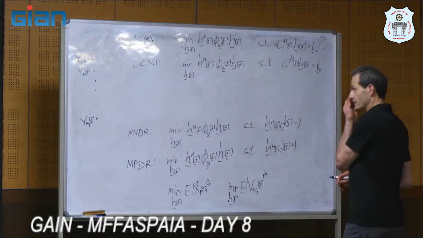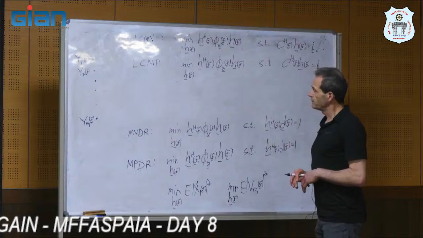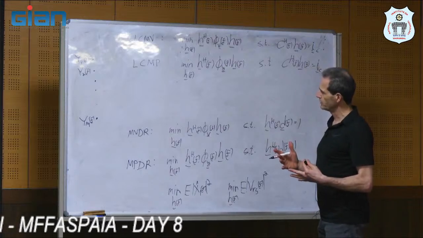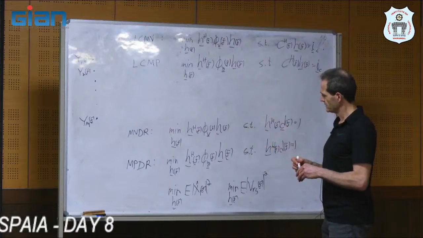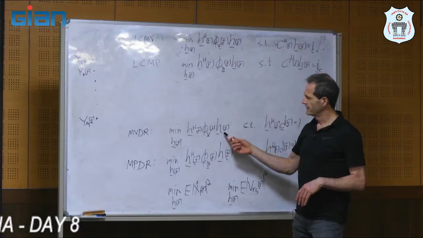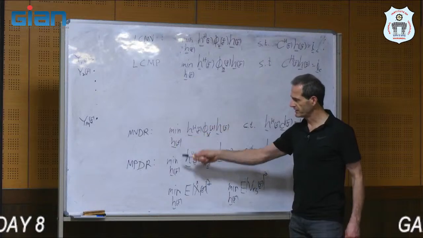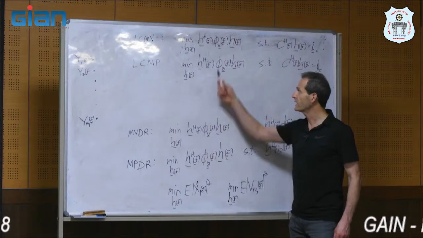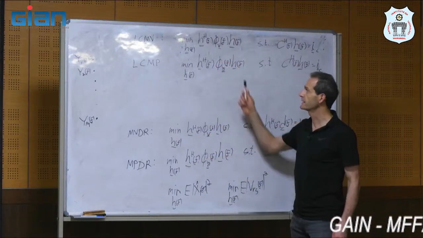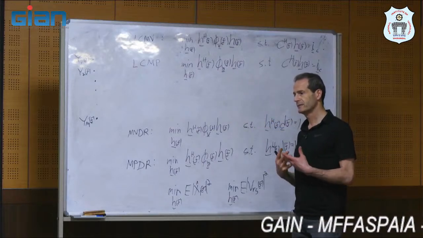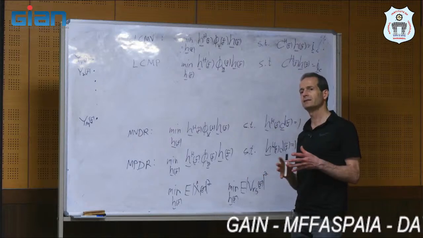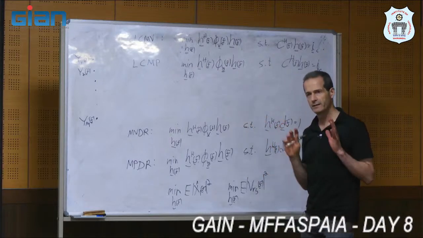Okay, now suppose that we want to implement these problems. Suppose that we want to have the same solution of MVDR or MPDR or LCMV or LCMP, okay? Suppose that we want to get a solution, but in a different way.